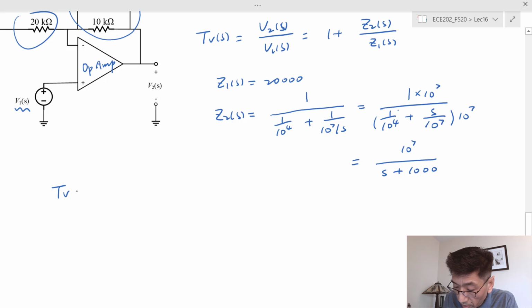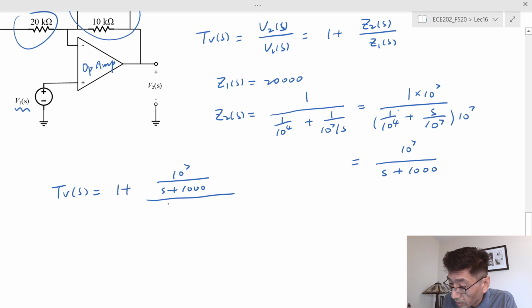So T_V(s) is equal to 1 plus Z2, which is 10 to the power 7 over (s plus 1,000), divided by Z1, which is 2 times 10 to the power 4.